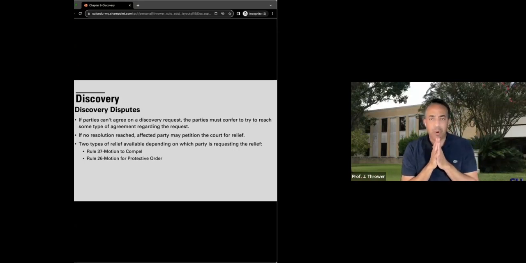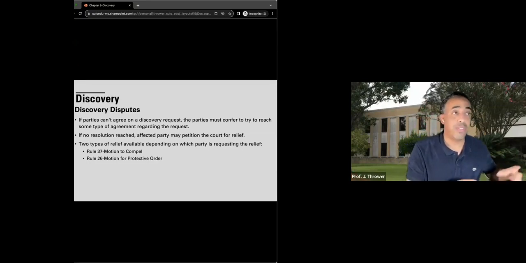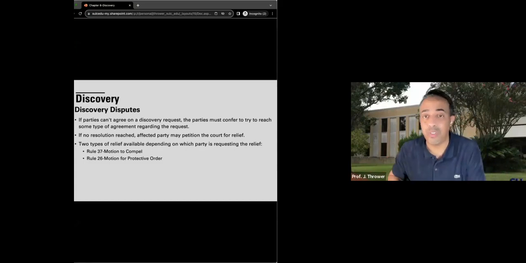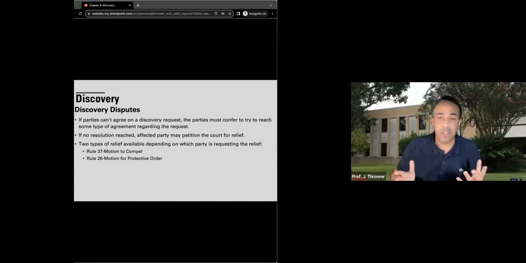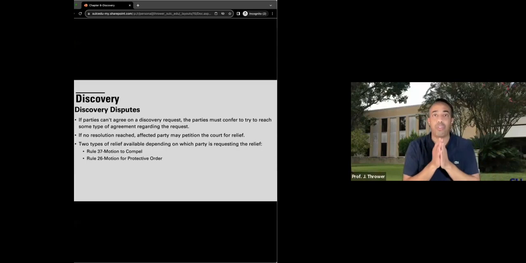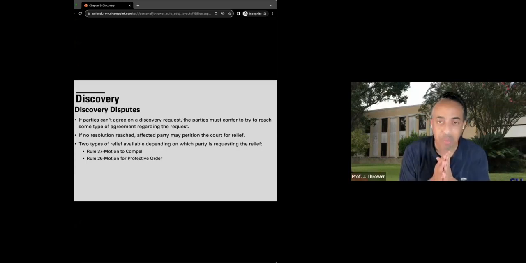For the party who is trying to obtain the information, let's say if it's a party who's requested that another party produce certain documents under Rule 34, request for production of documents. The requested party refuses to produce these documents, and so now the aggrieved party has to approach the court for relief. That party would file a motion to compel under Rule 37.